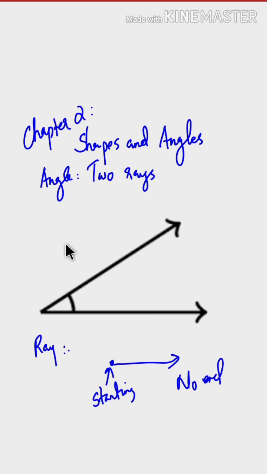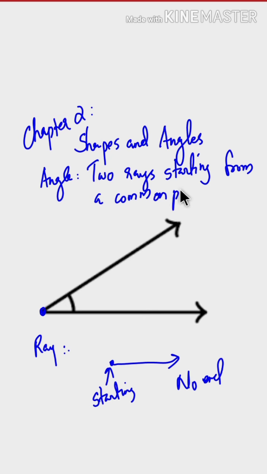Angle is formed by two rays starting from a common point, called vertex.